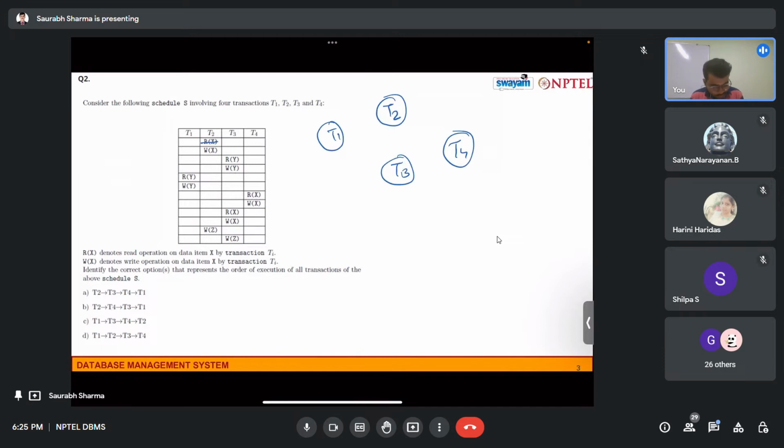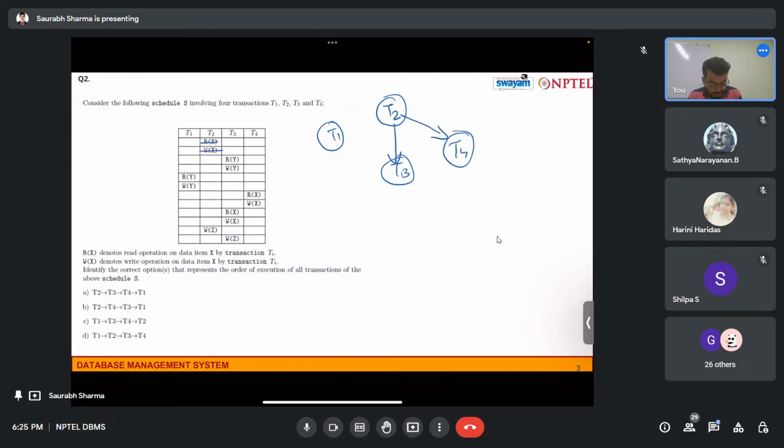So there will be an edge from T2 to T3 and from T2 to T4 also. Now it is done. For Wx, we have to search for Rx also and Wx also. Rx is not there and these two already have the edges, so whether we consider it or not, the edges will be the same.